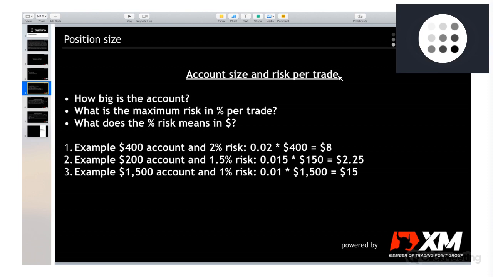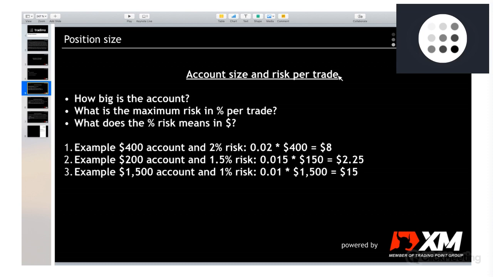You can risk $8 per trade if you have an account with $400 and you are able to risk 2% per trade. I wouldn't ever recommend risking more than 2% in a single trade. This is maybe a tip on the sideline.